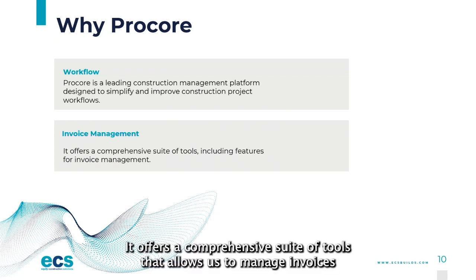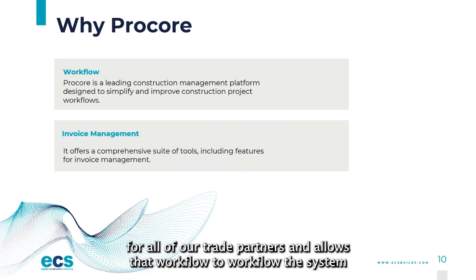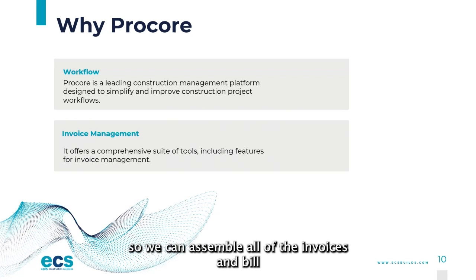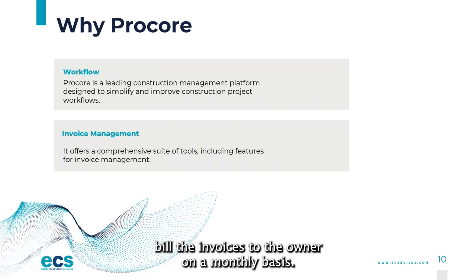It offers a comprehensive suite of tools that allows us to manage invoices for all of our trade partners, and allows that workflow from the trade partner to the project manager to our accounting staff, so we can assemble all of the invoices and bill the owner on a monthly basis.